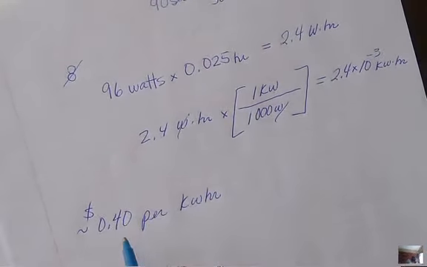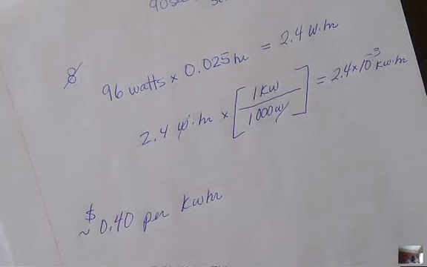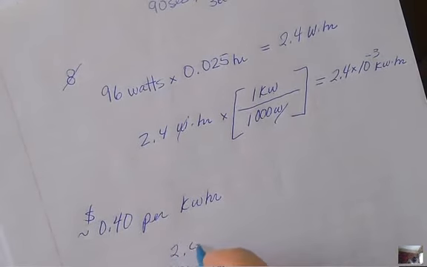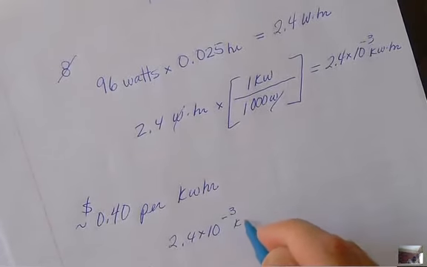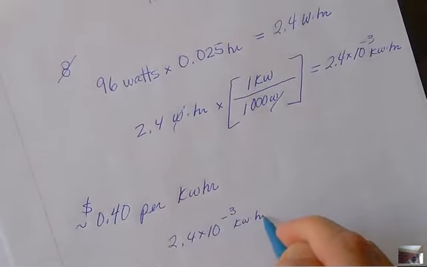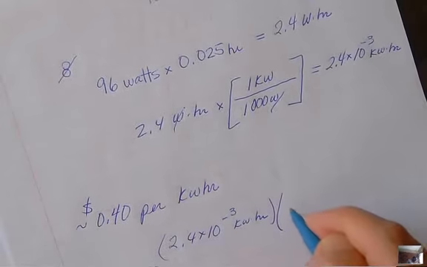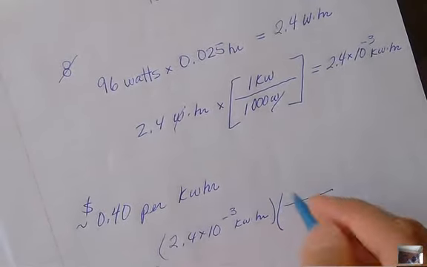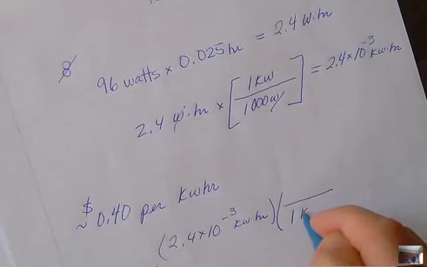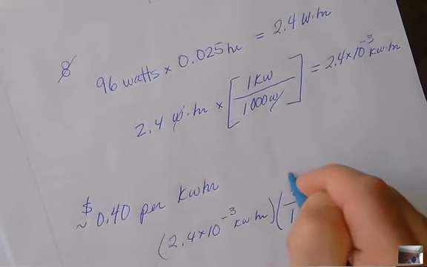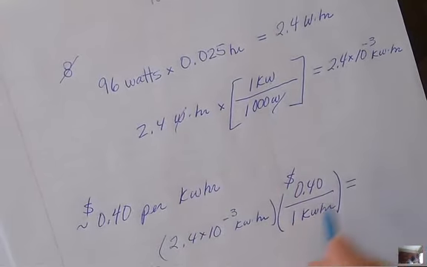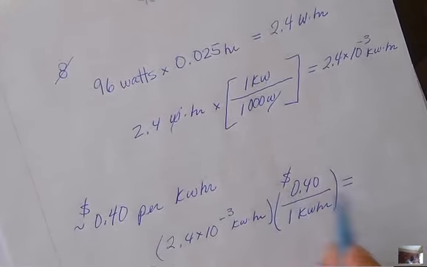Okay, so if I pay 40 cents for each kilowatt hour, and I have 2.4 times 10 to the minus 3 kilowatt hours, right, that's got to go in the denominator. 1 kilowatt hour costs us 40 cents, right? 40 cents is 40 out of 100, so it's $0.4.